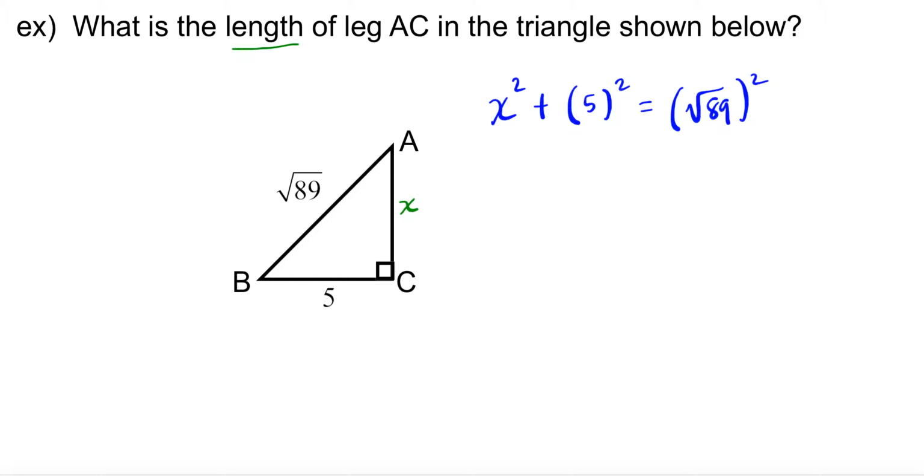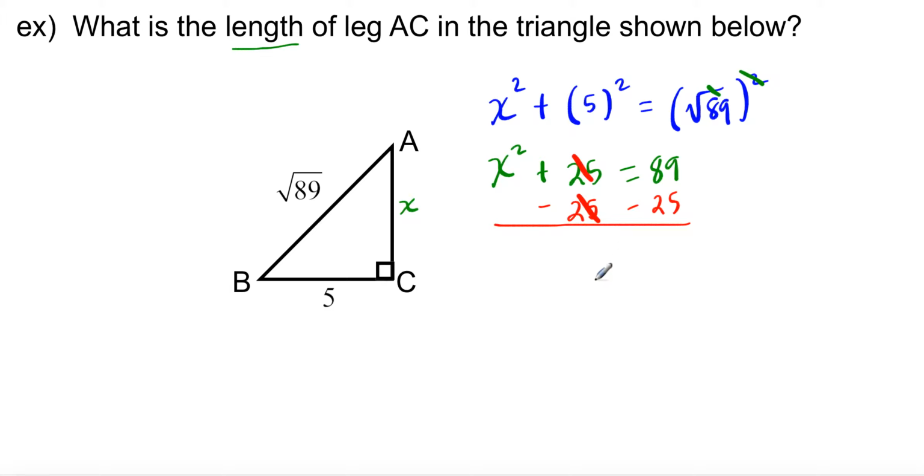All right, and then we just start simplifying this. x squared plus 5 squared is 25, 5 times 5. You want to bring your calculator on ACT day. And then here, we're squaring a square root, so those actually cancel each other out, and you're just left with 89. Trying to solve here for x, so it's just like solving any other equation. We want to isolate the variable, so we have to subtract 25 on both sides.